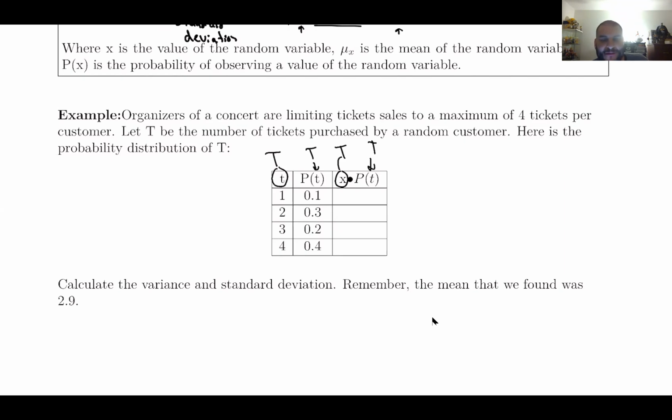The first thing we want to do is x times p of t, because the x times p of t is going to help us get the mean. So we do 1 times 0.1, we get 0.1. We do 2 times 0.3, you get 0.6. We do 3 times 0.2, you get 0.6. 4 times 0.4, we get 1.6. Everybody good with those values so far?